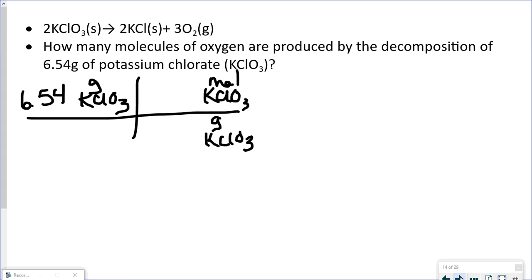Remember, grams per mole is molar mass, so we need to add the masses off the periodic table. Potassium is 39.10, plus chlorine is 35.45, plus 3 oxygens that are 16 apiece, is a molar mass of 122.55.